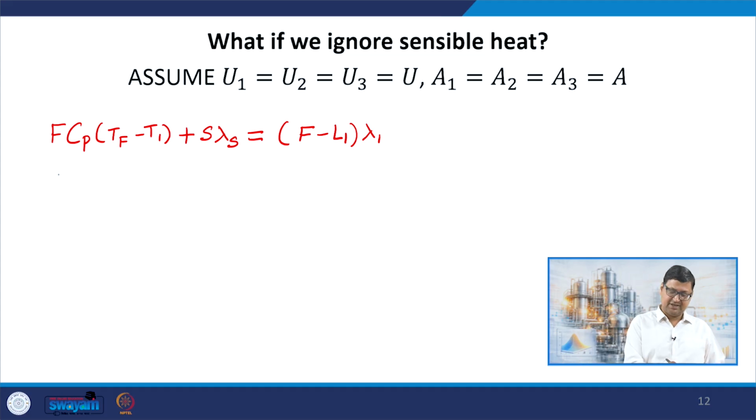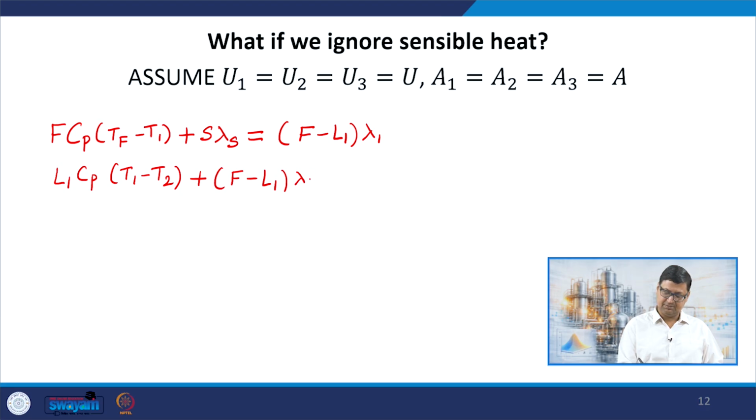For the second effect, I had L1 Cp (T1 minus T2) plus (F minus L1) lambda 1 is equal to (L1 minus L2) lambda 2.